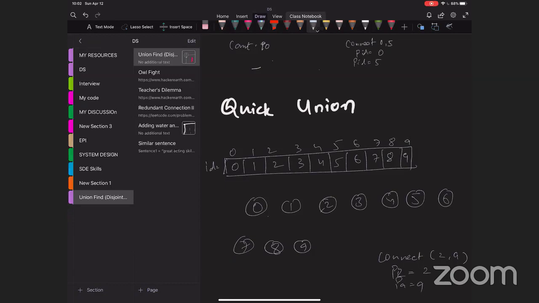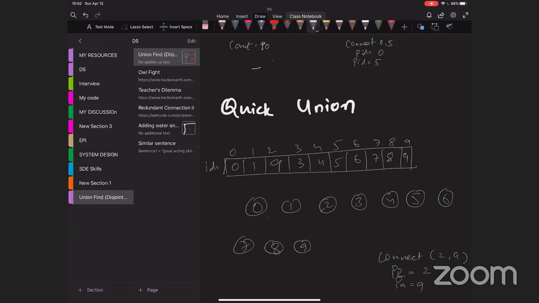In this case, when I say connect 2 to 9, I'm simply going to change the ID of the first with the ID of the second. So I'm just going to do this.